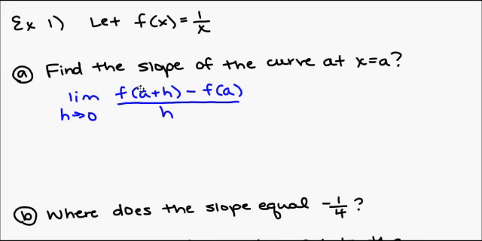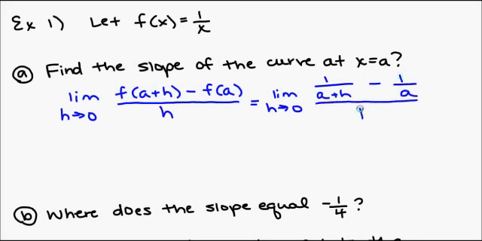In this case, our function is 1 divided by x. So this is really the limit as h approaches 0 of 1 over a plus h minus 1 over a all over h. Now we're going to simplify.